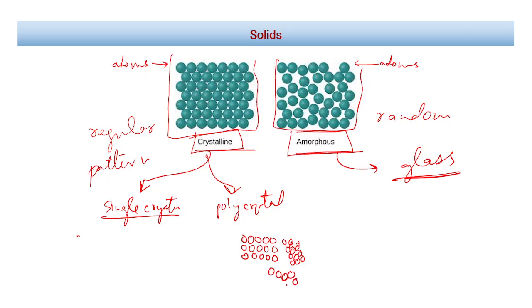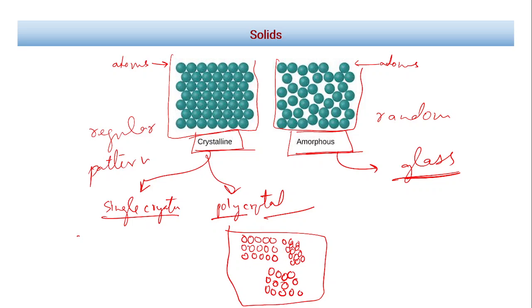There is some pattern, but it's restricted to a small area. Then it's called a polycrystal. There is some crystalline behavior, but not throughout the material.